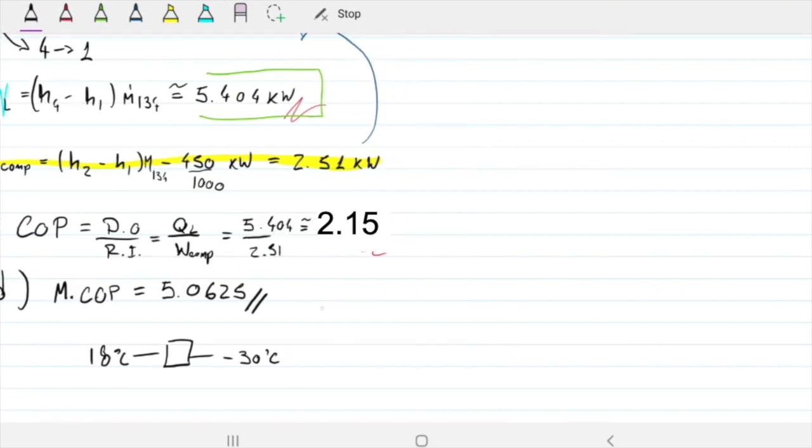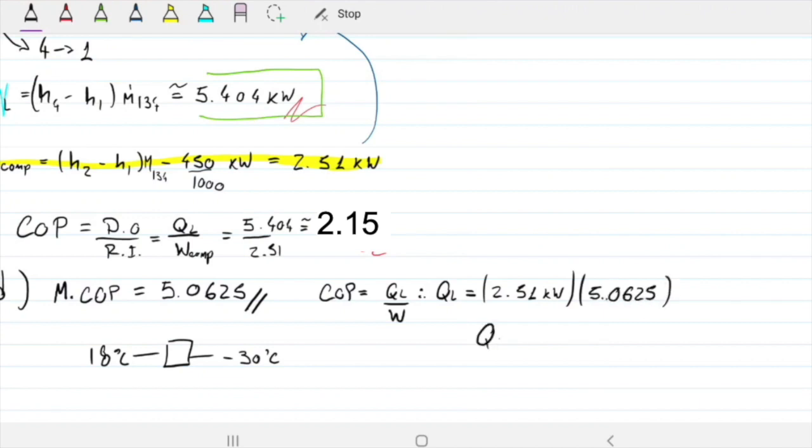So if the coefficient of performance is the desired output divided by my required input, then my maximum amount of energy I can remove is the 2.51 kilowatts times the 5.0625, dimensionless, right?